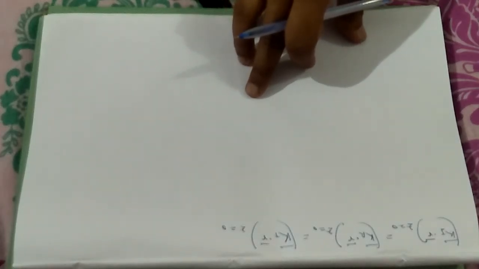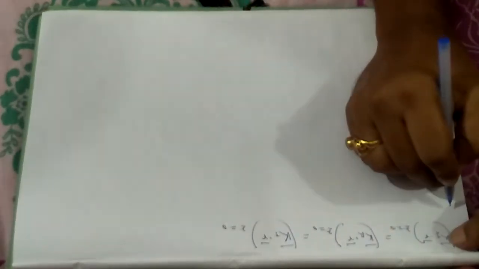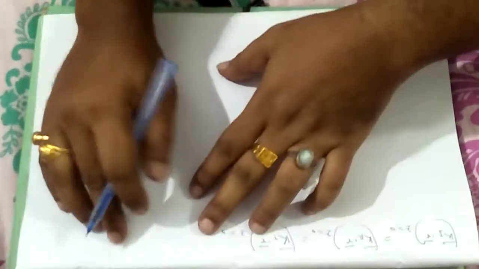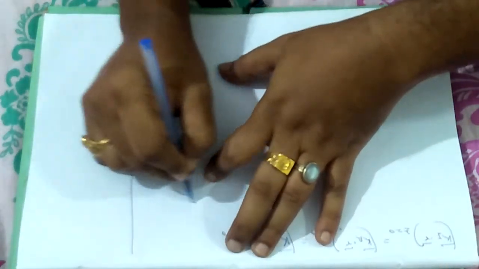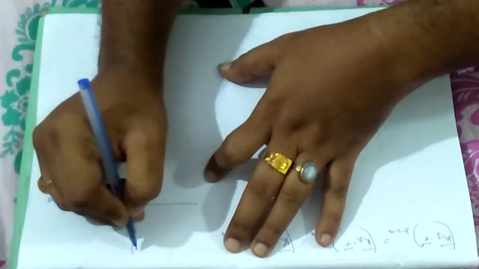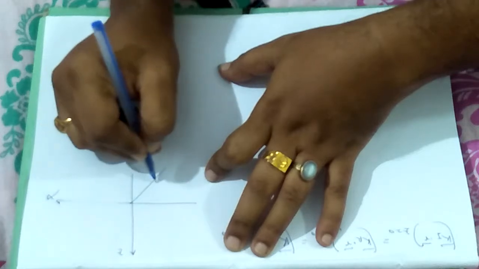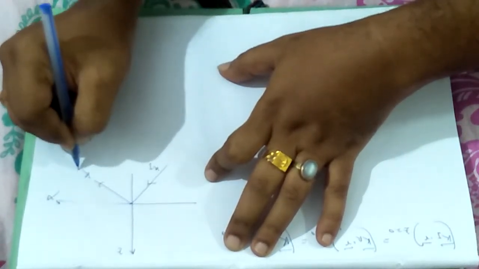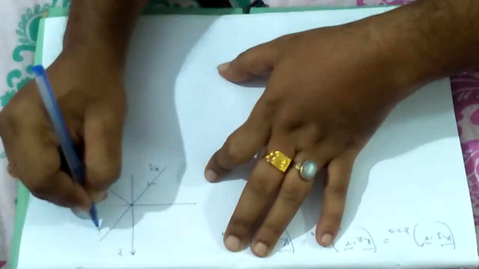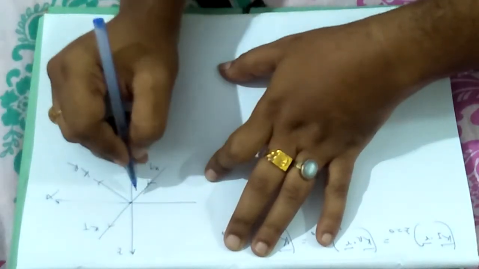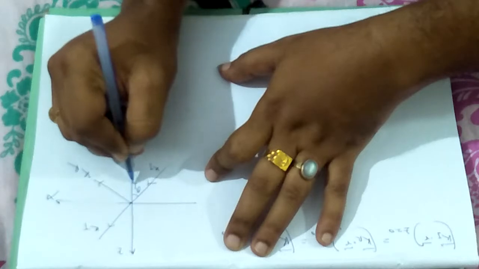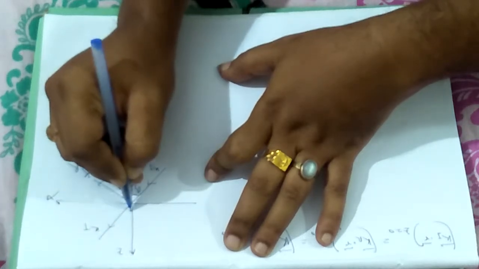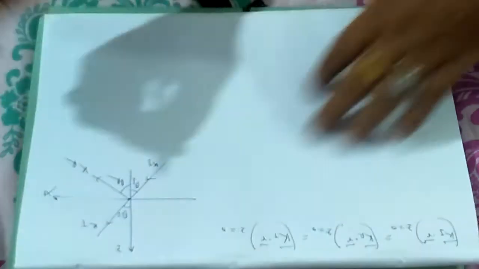Now I am again drawing the diagram for simplicity of understanding. This is the x-axis, this is the z-axis, this was our diagram, this is ki and this was kr, this was kt, this was theta i, this was theta r and this was theta t.